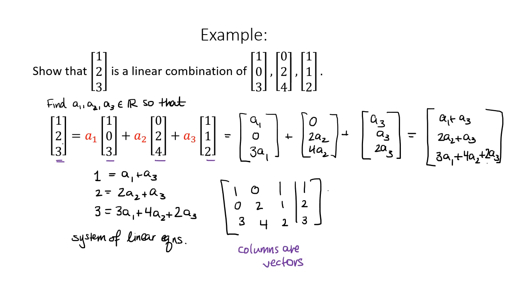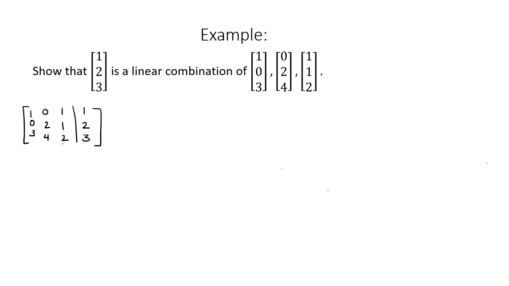All we're going to do is row reduce to find the unknowns a1, a2, and a3. So let's do that. Okay, we're going to row reduce this augmented matrix. Please feel free to pause as we're going.